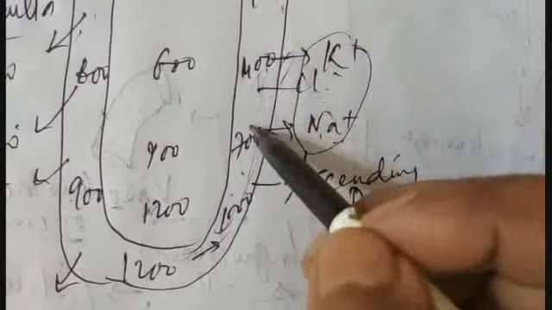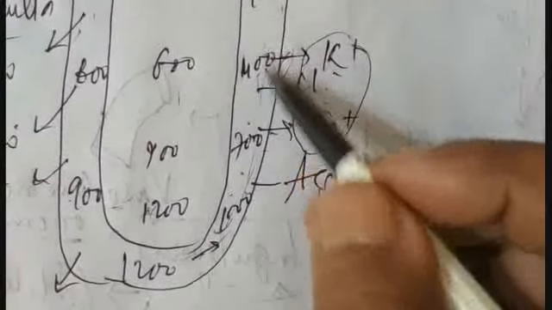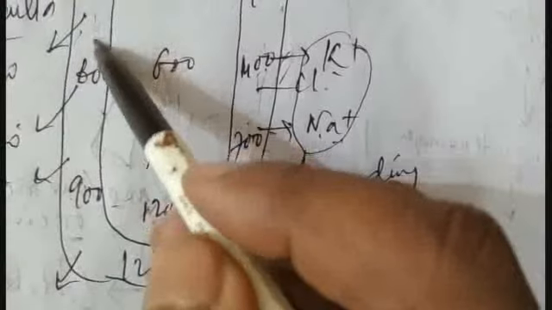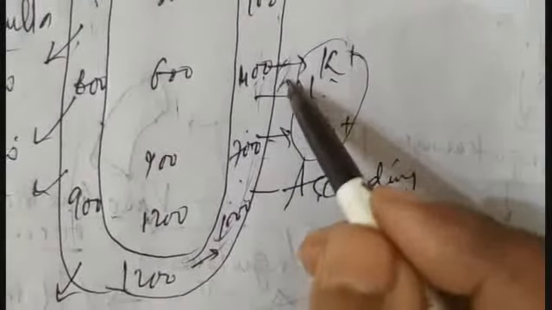Water is restored here due to impermeability. So a counter current is observed here. Why is it a multiplier? When the concentration of the descending part increases due to loss of water, the concentration of the medulla is very much alike the descending part.